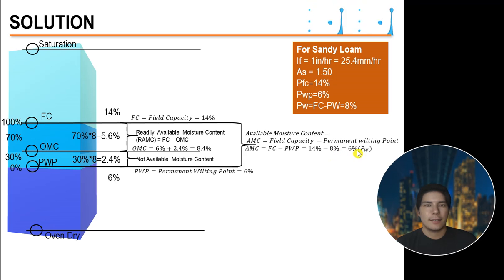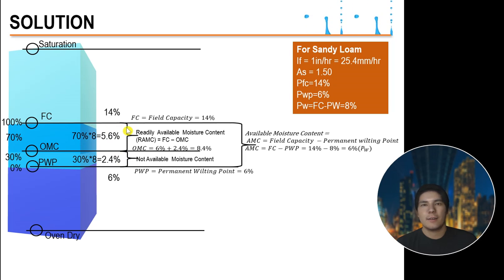This must be 6% and then this one is 8%. Okay? So we take 70% of that. So 70% of 8 is 5.6%. And 30% of this 8% is 2.4%, no?